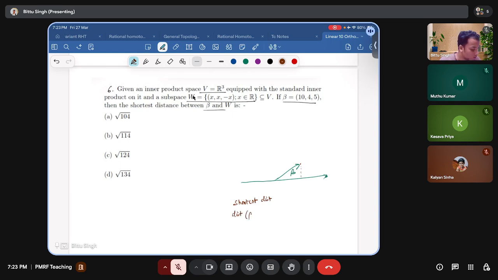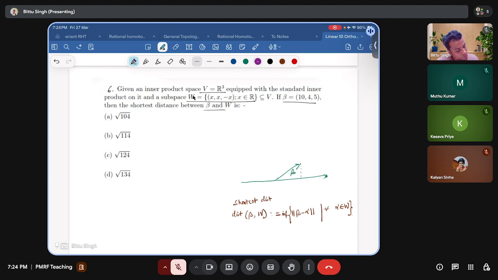The distance from beta to W is defined by the norm of beta minus alpha, the minimum of this norm. This is a minimum, meaning the infimum will be attained, so we can write minimum, for all beta and for all alpha in the subspace.